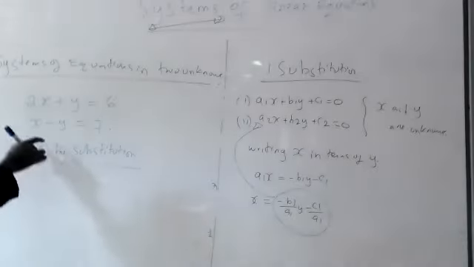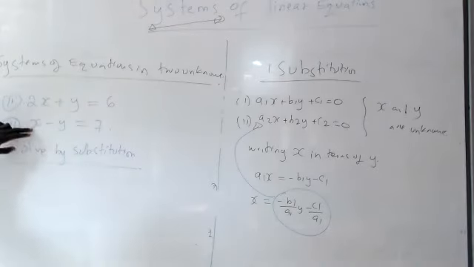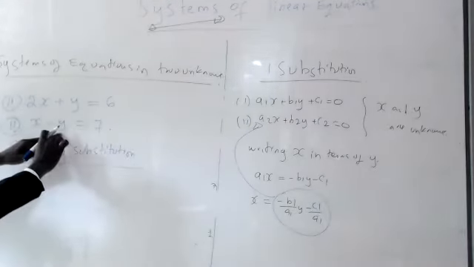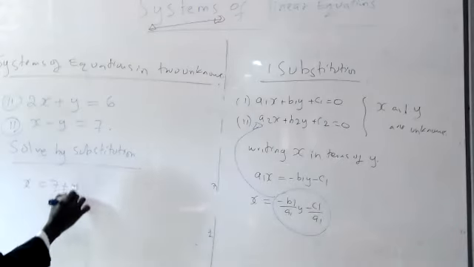So let's say I want to write x in terms of y. So this is equation 1. This is equation 2. I want to use equation 2 to write x in terms of y. So from equation 2, x minus y is 7. If I add y to both sides, I will have that x is equal to 7 plus y.